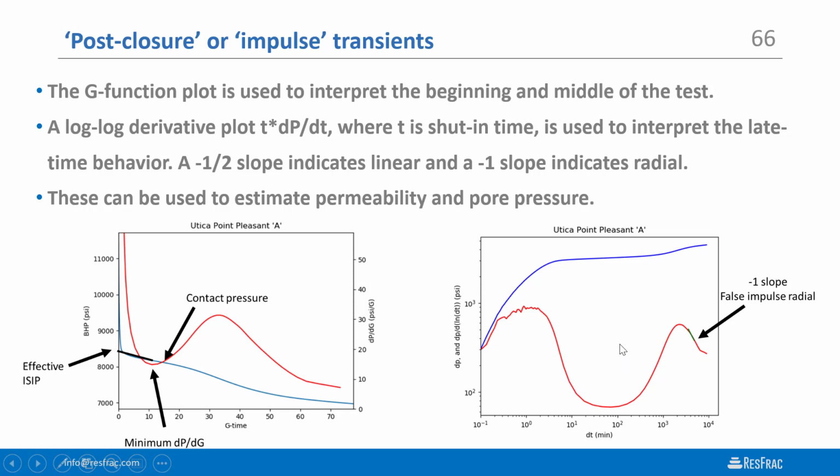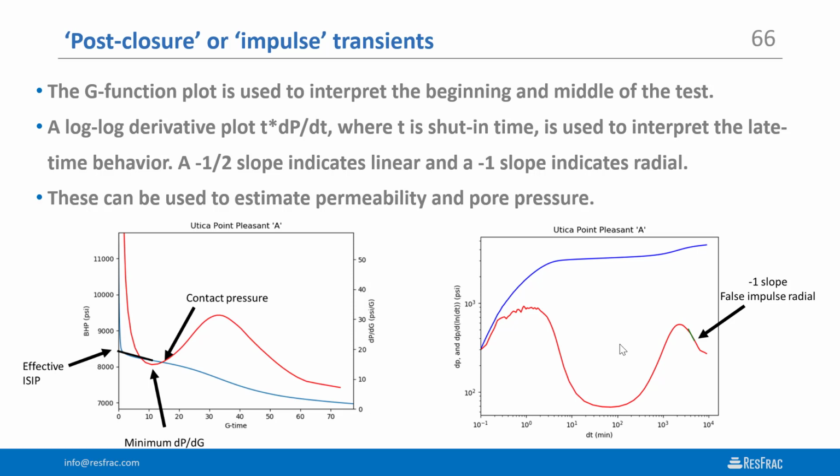I want to make an important point. Sometimes we see people take the derivative with respect to something called superposition time or Horner time. That is a method that was developed for conventional well testing that makes assumptions and is based on mathematical properties that are not applicable to a DFIT.